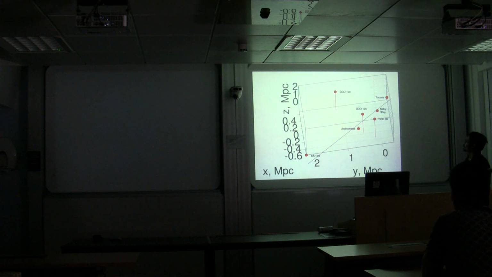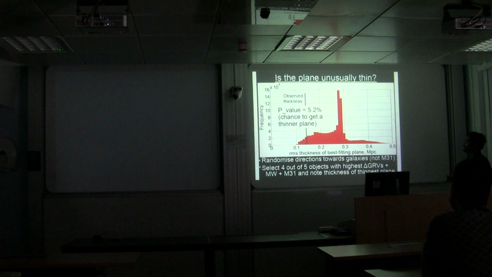But to quantify the significance, what we do is randomize directions towards the 5 galaxies I was showing on the last slide, the most discrepant ones. Not Andromeda though, just the local group field galaxies. We select 4 out of 5 of them because one obviously didn't fit the pattern so well. We find the best fitting plane, and then there's 5 combinations, so you get 5 answers.